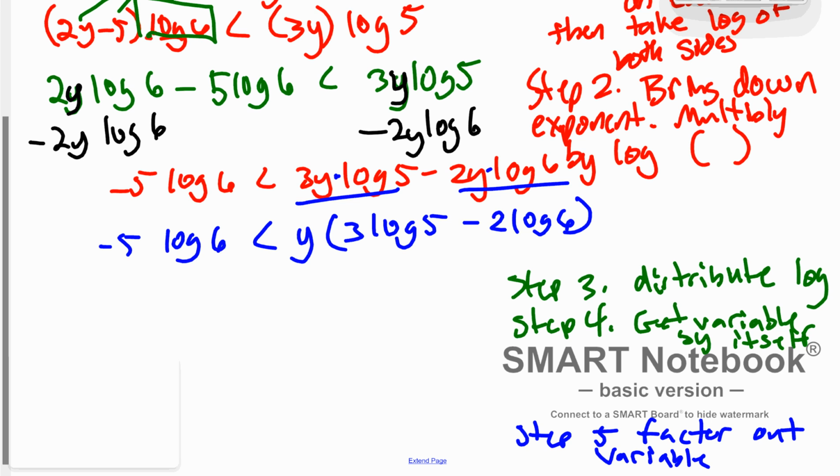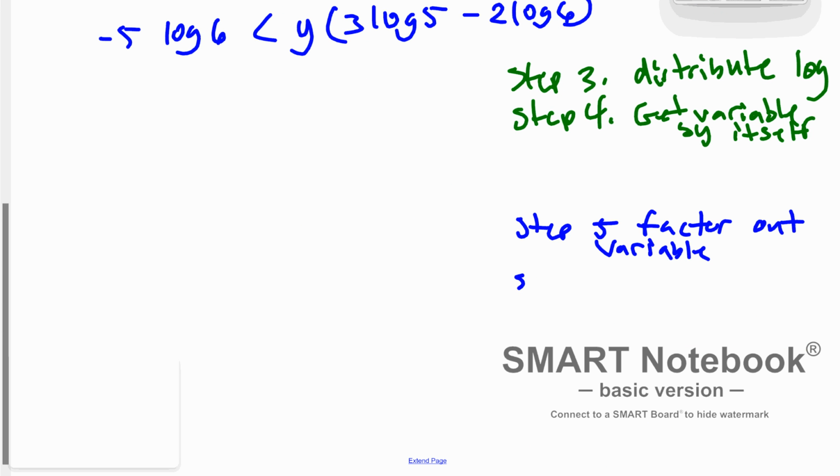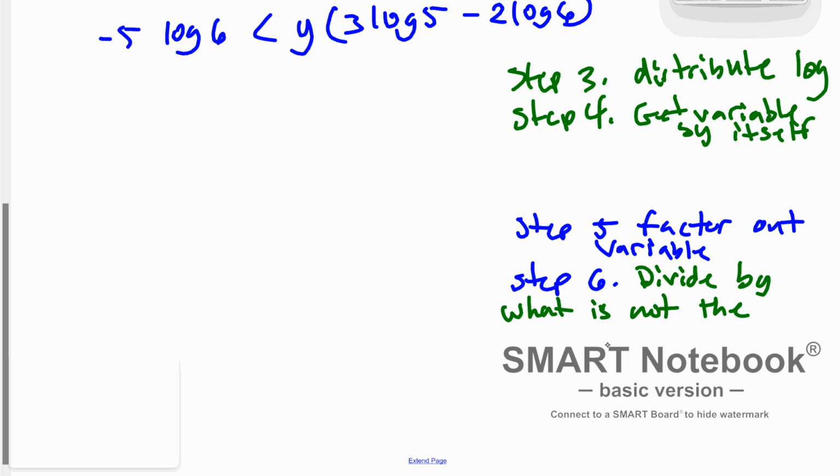And now, last step, step 6, is just to divide by whatever's not the variable.